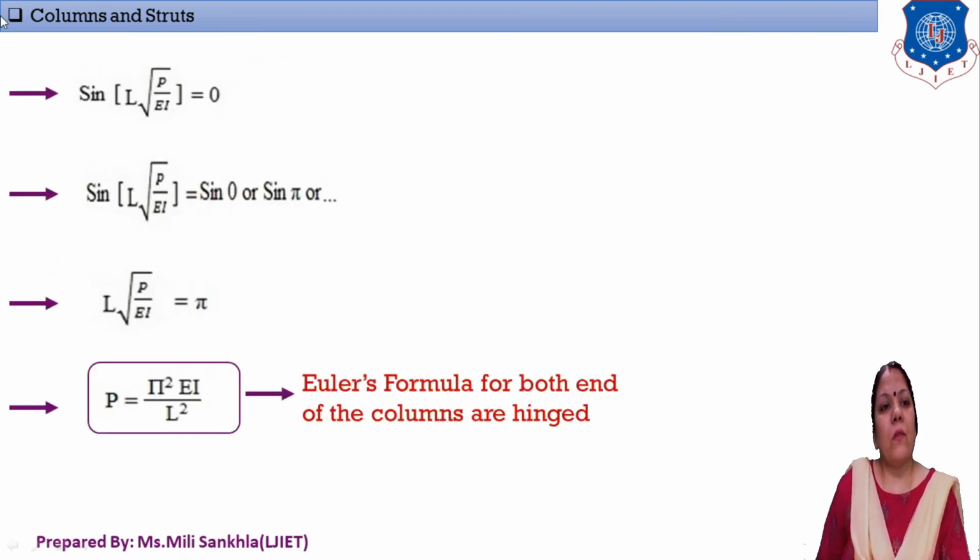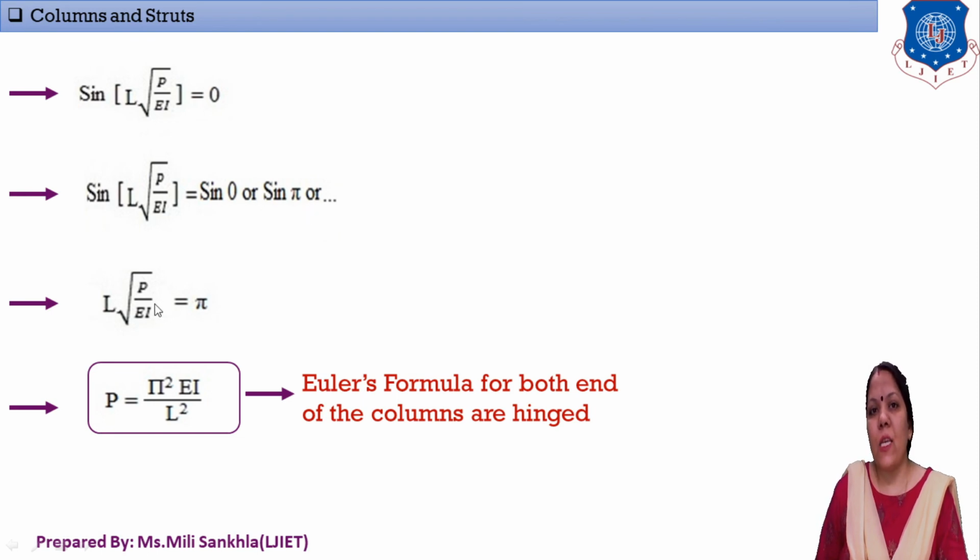Now, sin L under root P upon EI is equal to 0. What is the value of 0 in terms of sin? Sin L under root P upon EI, this is the left hand side. So sin 0 is equal to 0, sin pi is equal to 0. If I cancel sin from left and right side, the remaining terms are 0, pi, 2 pi.